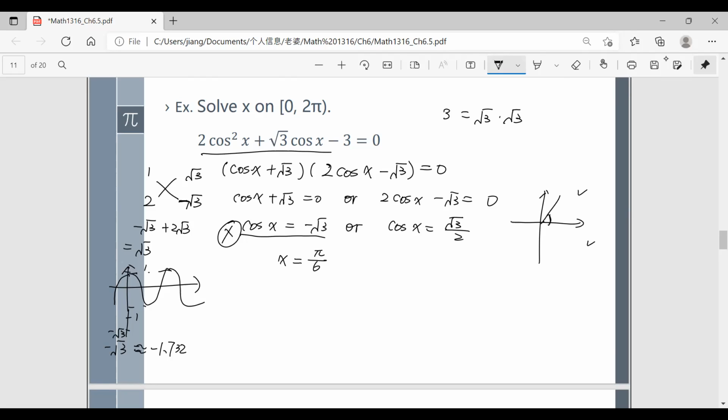So the reference angle is pi over 6. Also in the fourth quadrant it is still pi over 6. From the initial side to here is pi over 6. From the initial side to this terminal side is 2 pi minus pi over 6. So another value is 2 pi minus pi over 6, that's 11 pi over 6.